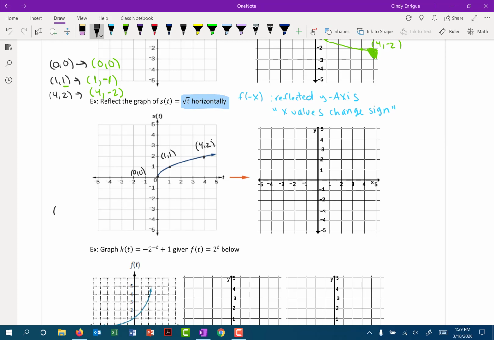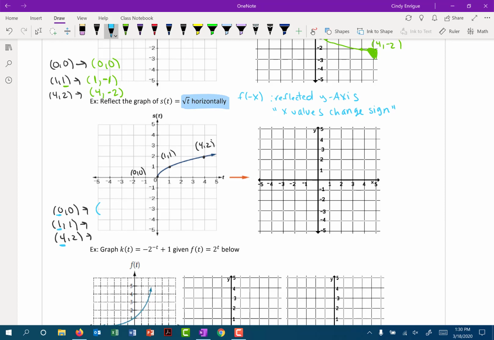So again, I had 0, 0. I had 1, comma 1. And I had 4, comma 2. So when I'm changing this as a reflection across the y-axis, the x values are changing. So my x value, x value, x value.